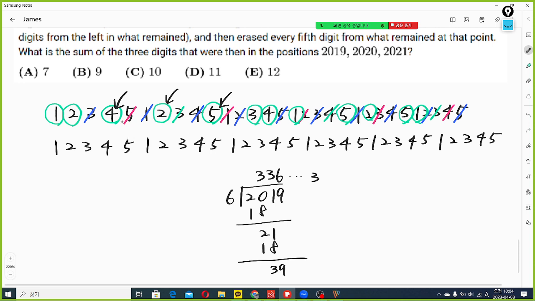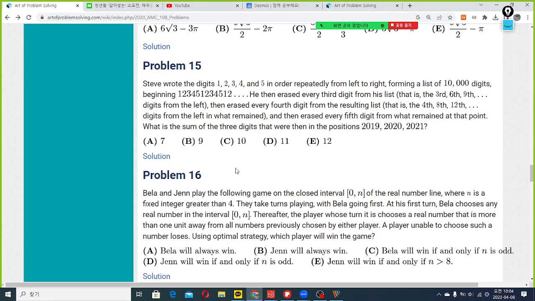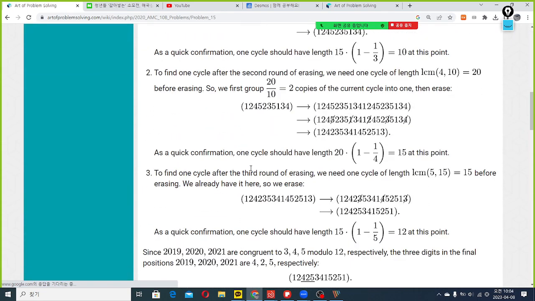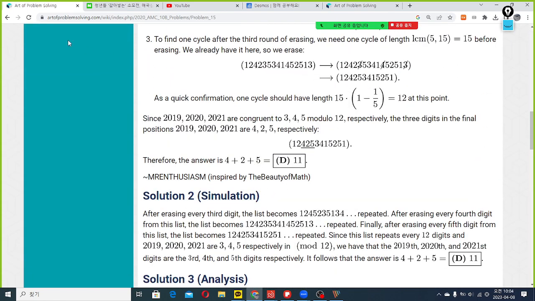So what's the sum of these three numbers? Well, 11. Yep, so the answer is D.